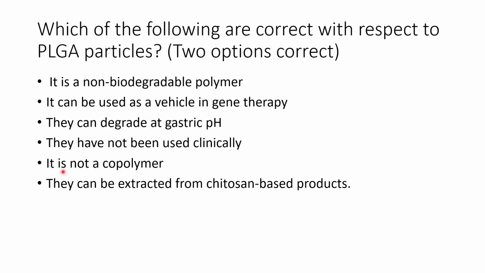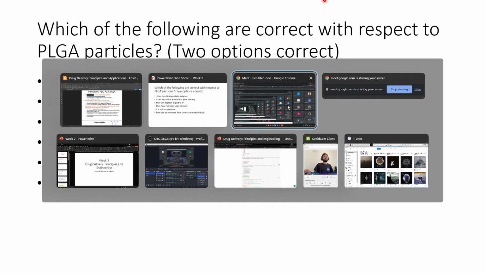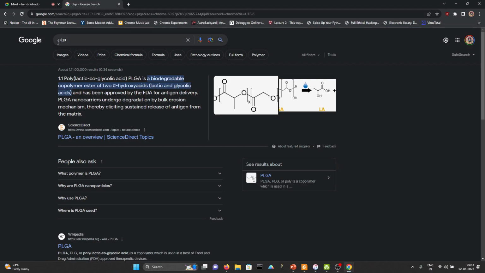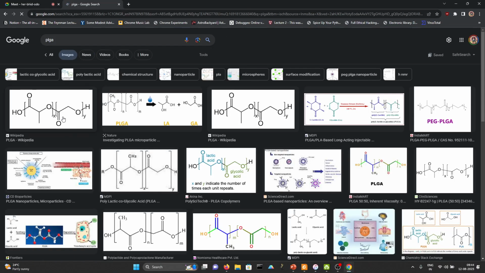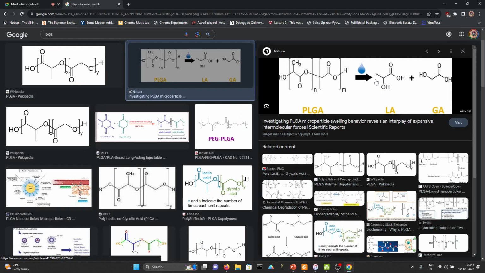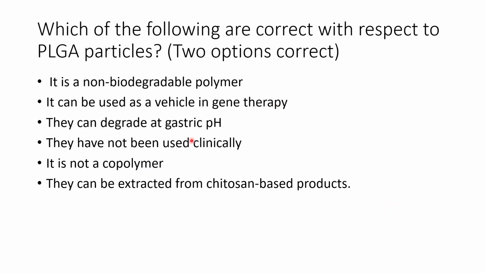And is it not a copolymer? Let me pull up the structure of PLGA. It is a polymer, sir. Correct. So it is a copolymer, right? Lactic acid and glycolic acid. It's formed by essentially dehydrating and combining these two structures, so it is a copolymer of both of them.